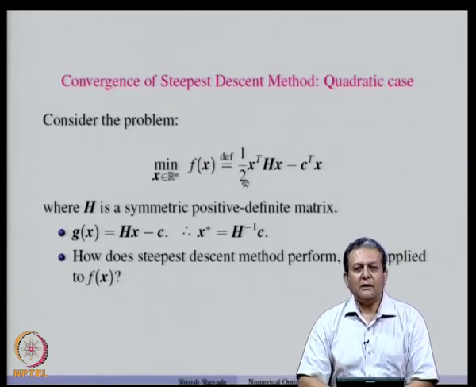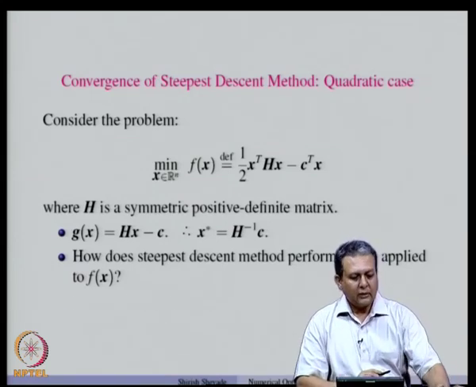In the steepest descent method, we have seen that in every iteration the direction chosen is the negative of the gradient direction. For a quadratic function like this, we can also try using exact line search, because one can work out the exact formula for alpha k at every iteration.